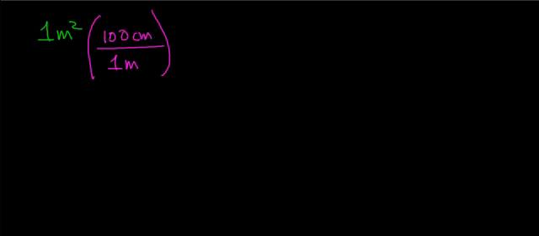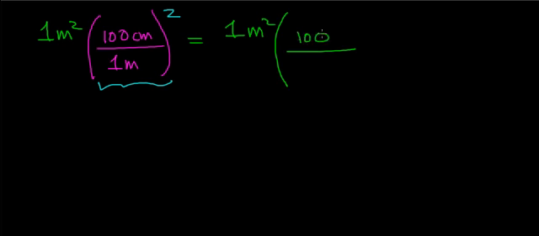Now I can't just do that. The big important step here is I square this entire linear conversion factor, to make it from a linear conversion factor to an area conversion factor. Now when I do that, I'm going to get 1 meter squared times 100, and I'm going to emphasize the squared by using a different color, times cm squared.